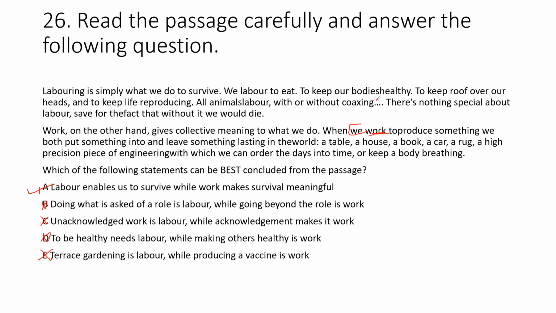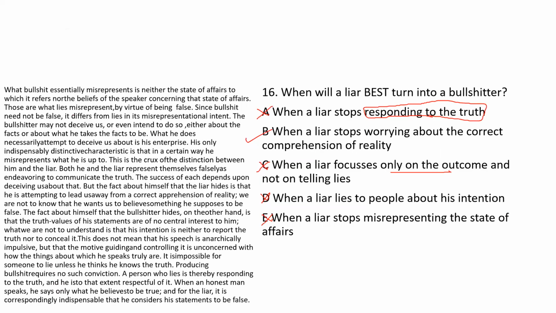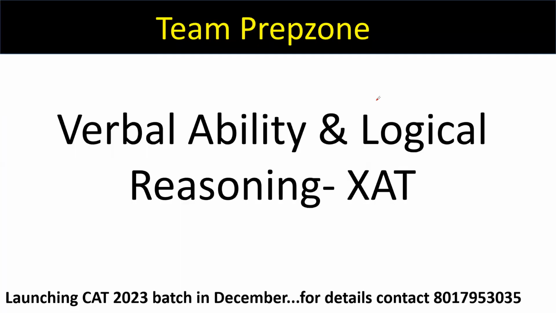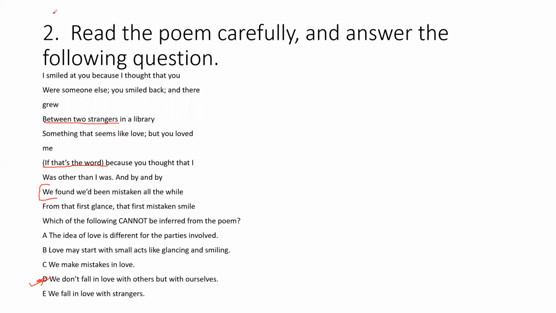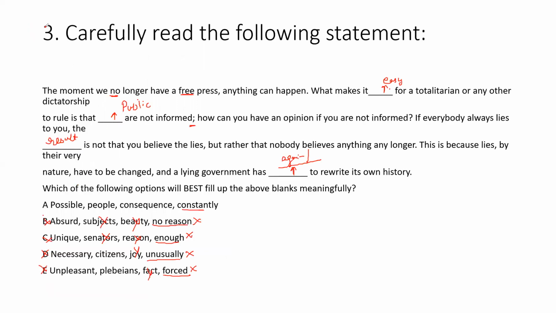Now, if I look at this particular test, there were certain questions which should have been attempted logically to meet the cutoff. Question number 1 should be attempted. 2 should have been attempted. It's not very difficult.